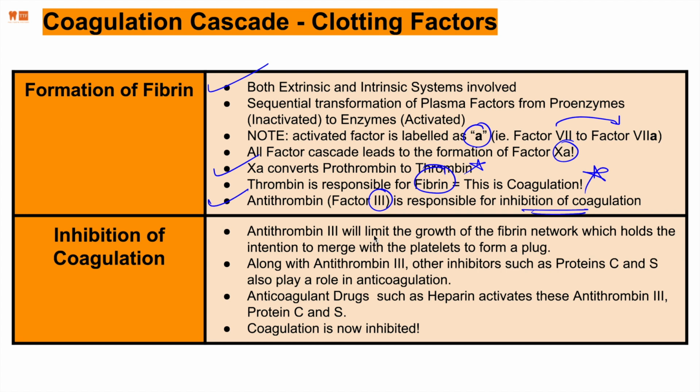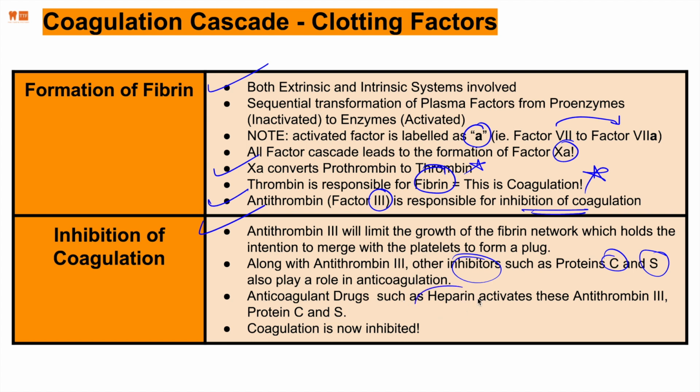Inhibition of coagulation. Antithrombin 3 will limit the growth of the fibrin network, which intends to merge with the platelets to form a plug. Fibrin has to meet the platelets. Antithrombin stops it. Along with antithrombin 3, there are other inhibitors out there, known as protein C and protein S. They play a role in anticoagulation as well.